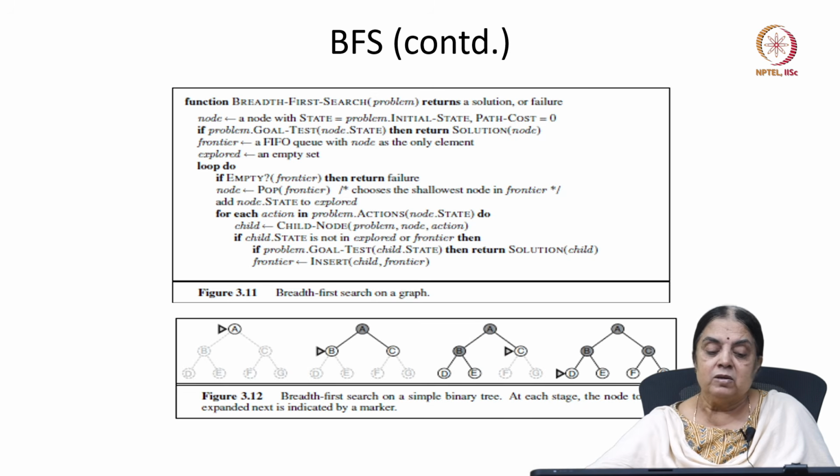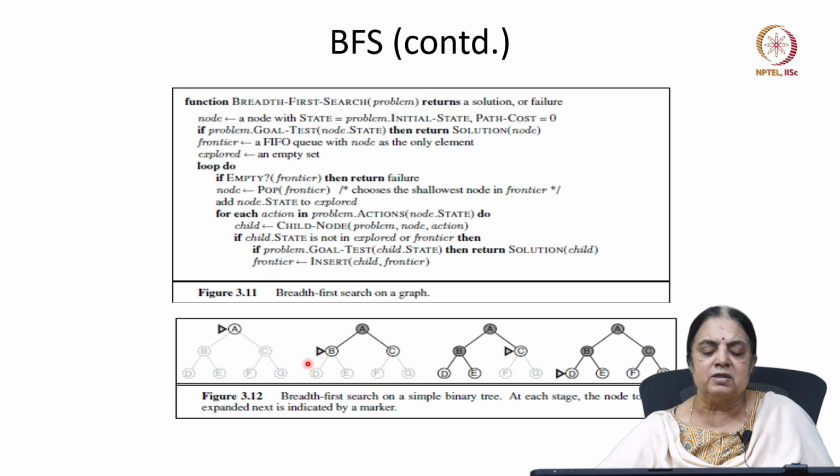Here if we look at this figure, this node is going to expand first and get these two nodes. Then it takes this node and expands it to get these two nodes. Then it expands C to get these two nodes, etc. So it will do the nodes at depth 0, then at depth 1, and so on.